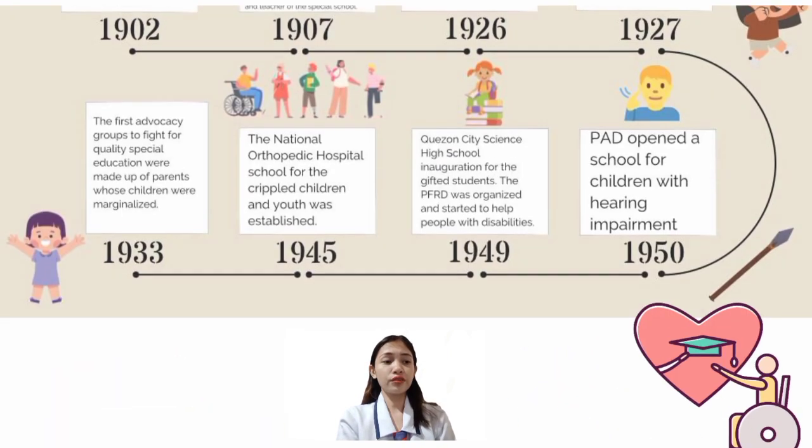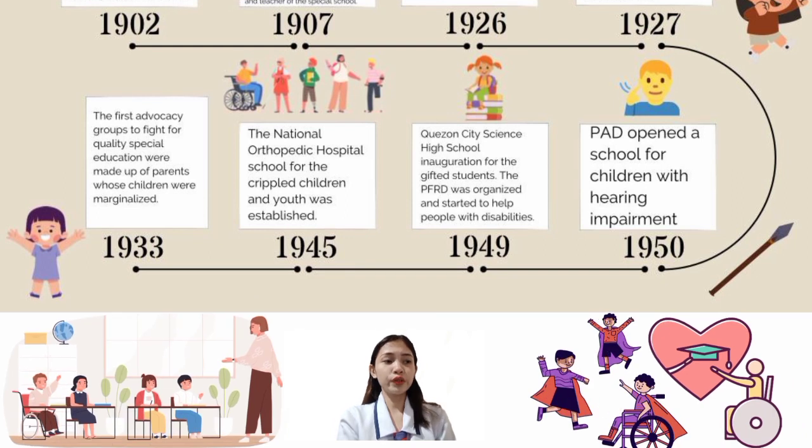In 1933, the first advocacy groups to fight for quality special education were made up of parents whose children were marginalized. In 1945, the National Orthopedic Hospital School for Crippled Children and Youth was established. In 1949, the Quezon City Science High School was inaugurated for gifted students. The PFID was organized and started to help people with disabilities.